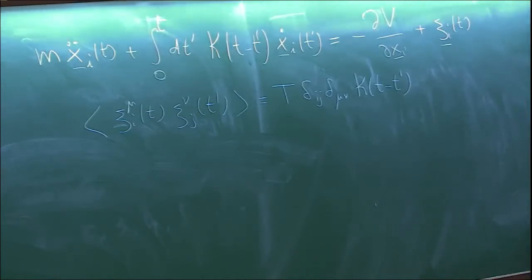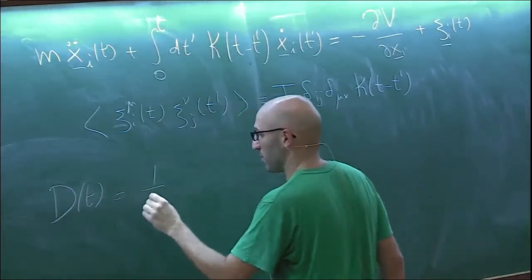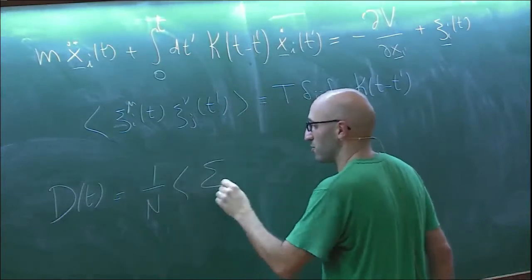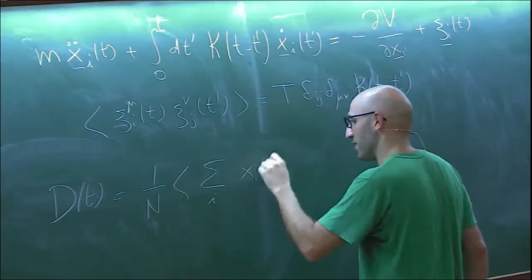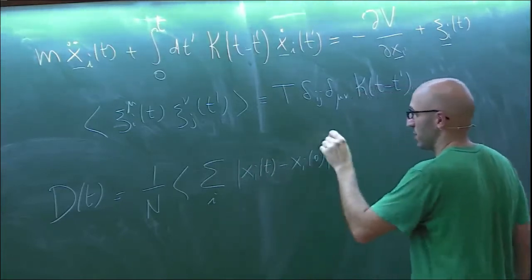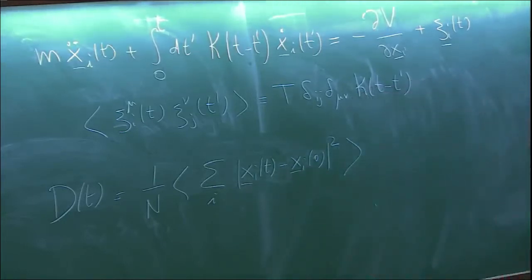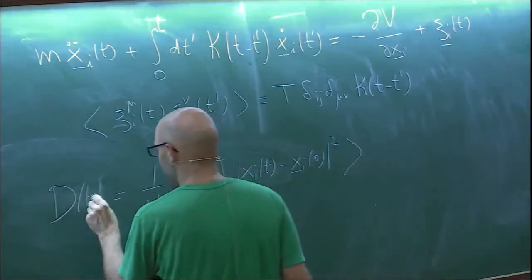Our goal is to compute, for example, the mean-square displacement. So the mean-square displacement is going to be 1 over n times the average of the sum over i of xi of t minus xi of 0, squared. In principle, it can be any pair of times.